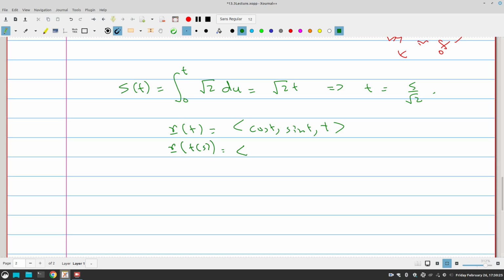Now, since t is s by root 2, this can be written as cosine of s by root 2, sine of s by root 2, and of course s by root 2. So this is the process of reparametrization.